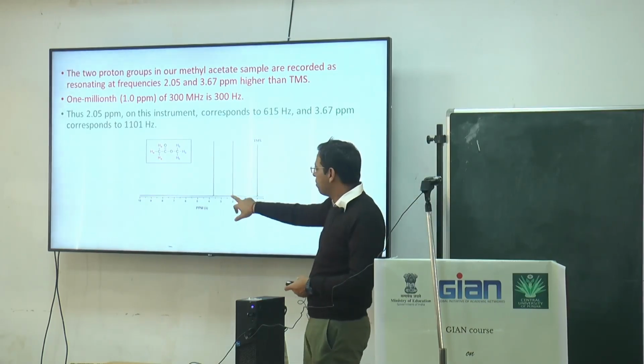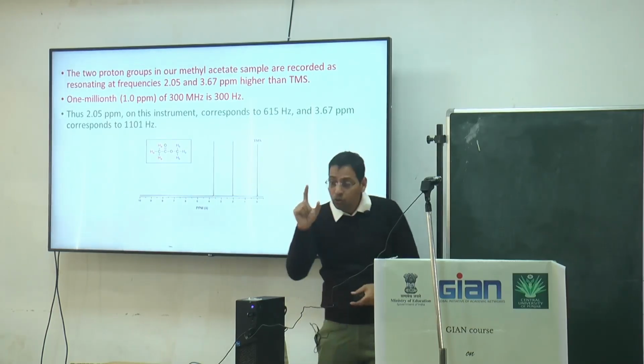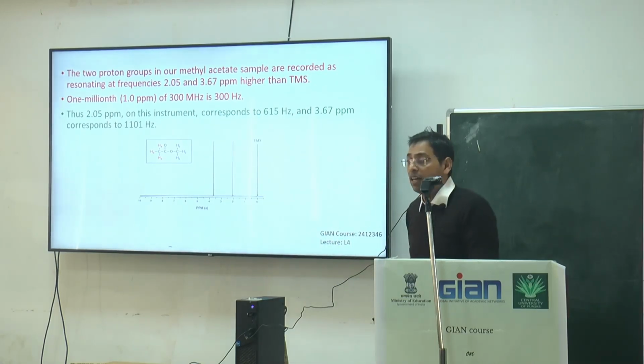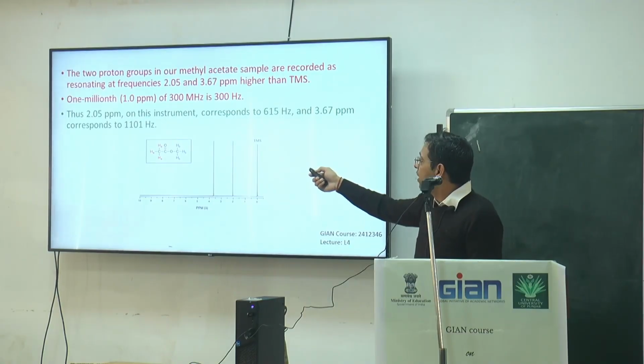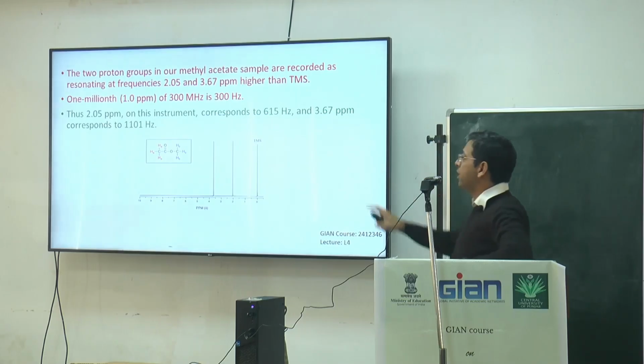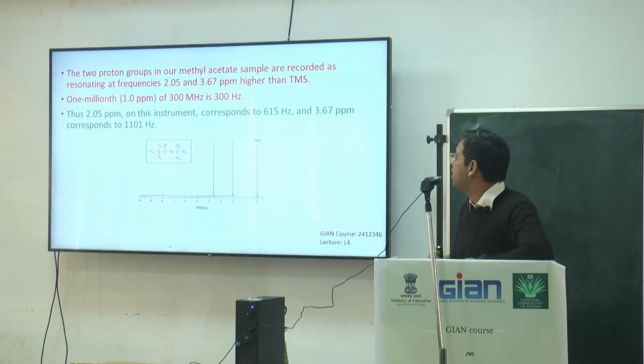Now you know the meaning of it. It is 2.05 ppm. It is 3.67 ppm. And now you know the meaning of the machine also. What is the meaning of 300 megahertz? Remember, 1 ppm on a 300 megahertz machine is equal to 300 hertz.